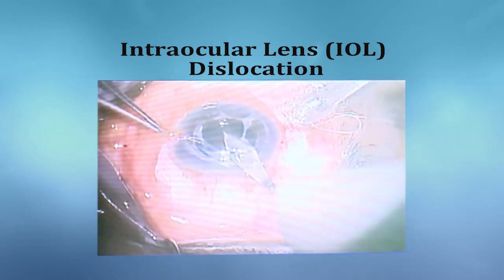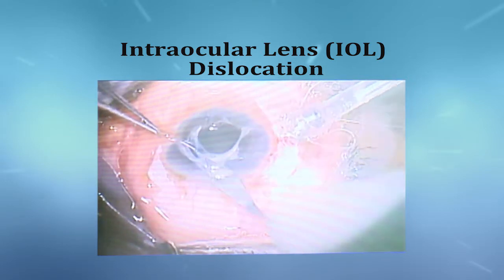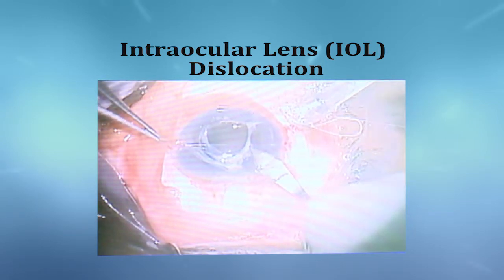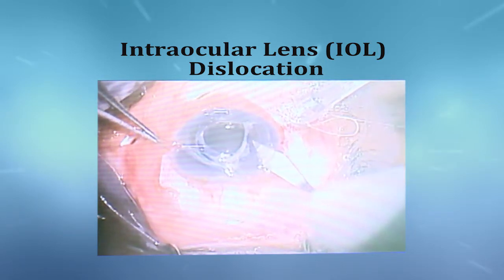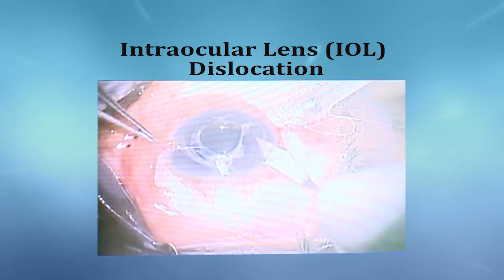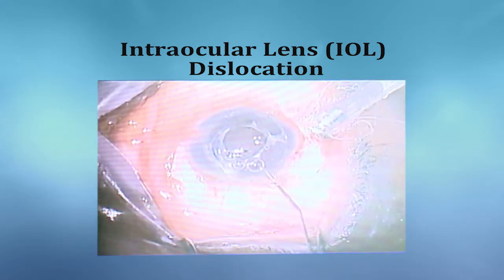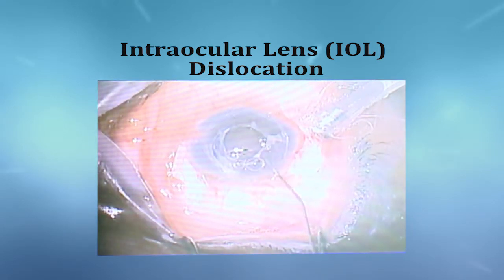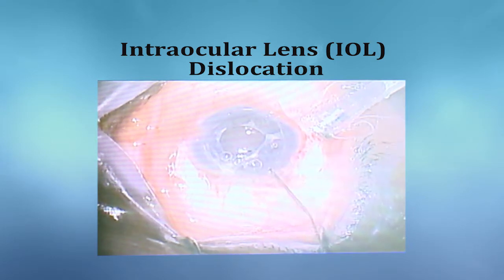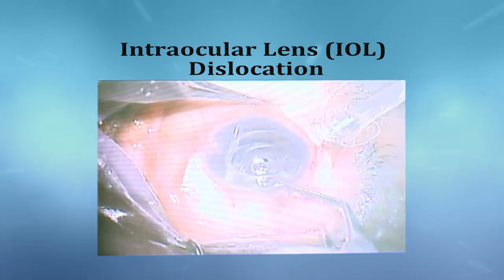Then we open the corneal incision to remove the lens. Now injecting viscoelastic above and under the IOL to protect the cornea. Now we are using the forceps.